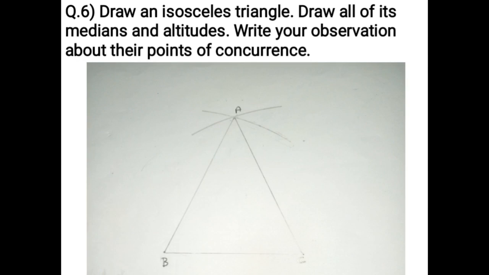To draw altitudes on all three sides, you have to keep the compass on all 3 points to draw arcs on the opposite sides. And then outside again you have to draw arcs of triangle ABC. The distance from a point to the opposite side should be same where you are drawing outside arcs.